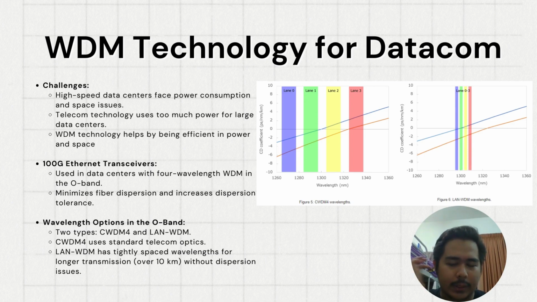CWDM4 uses standard telecom optics, whereas LAN WDM has tightly spaced wavelengths for longer transmission, typically over 10 kilometers, without dispersion issues. The graph at the side shows the chromatic dispersion against wavelength for CWDM4 and LAN WDM.